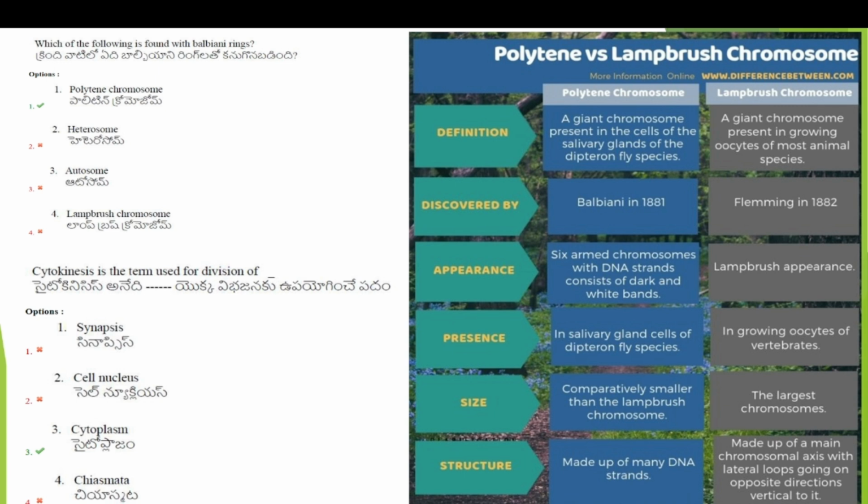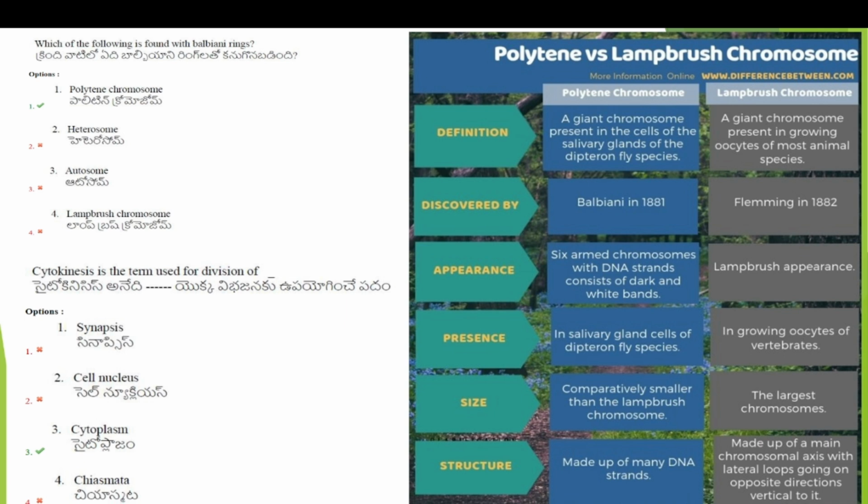The first one is synapsis. In cell division, we have two types: mitosis and meiosis. In meiosis, we have two subphases, meiosis 1 and meiosis 2. In meiosis 1, prophase 1, metaphase 1, anaphase 1 and telophase 1 are present.